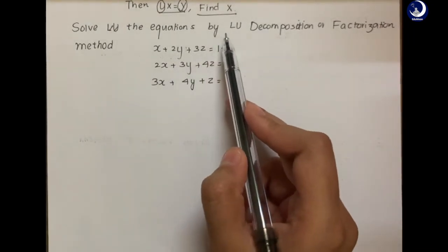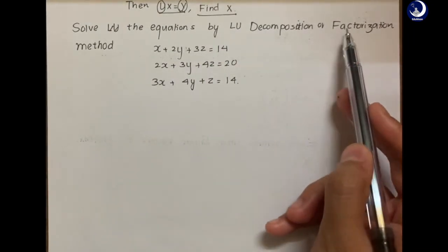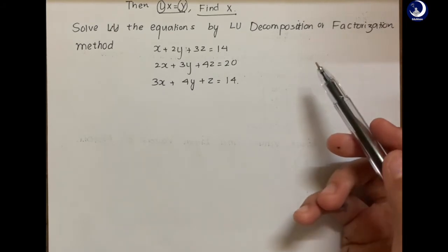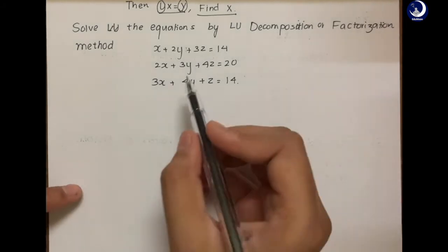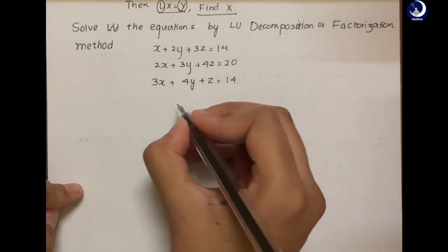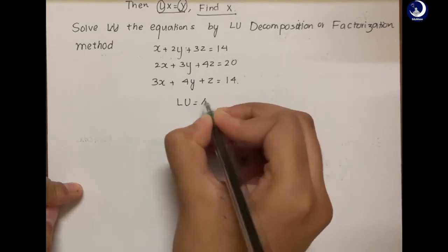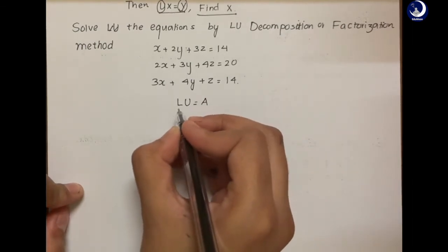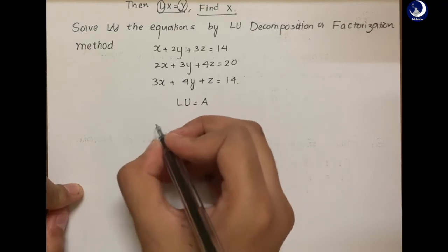Solve the equations by LU decomposition or factorization method. Our given equations are, first, let's take LU equal to A, where L is a lower triangular matrix and U is an upper triangular matrix as discussed before.